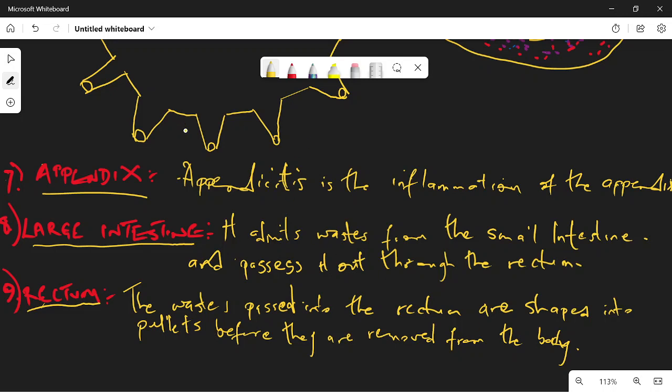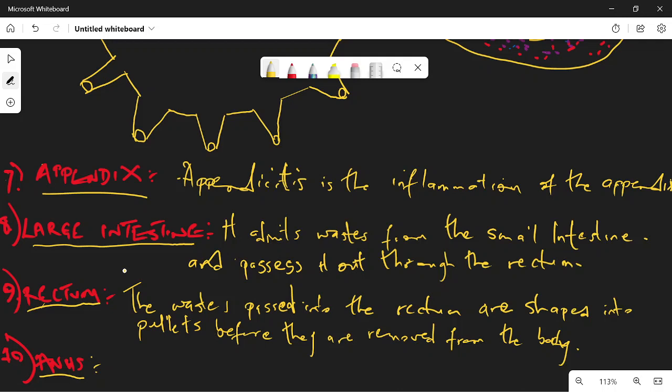So the rectum is responsible for shaping the what? The waste. It's responsible for shaping the waste into pellets before they are actually removed from the what? From the body. And the last organ that we have is the anus. The anus is the last organ that the substance passes out of.